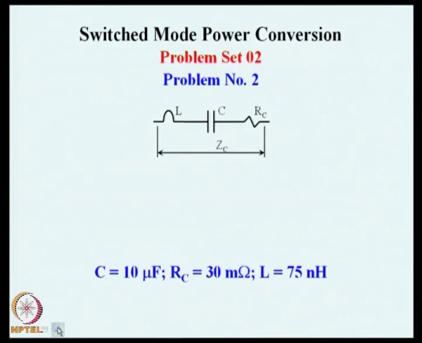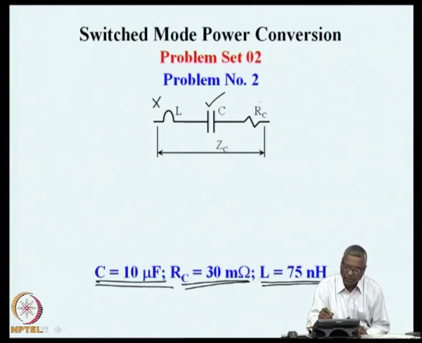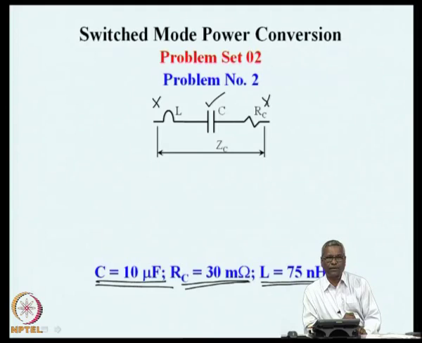What we see here is a capacitor whose value is as before 10 microfarad, and this capacitor also has a parasitic inductance of 75 nanohenry and a parasitic resistance of 30 milliohm, and in a circuit schematic it is shown as the capacitor that is desired and the parasitic value of inductance and the parasitic value of resistor which are part of this capacitor.